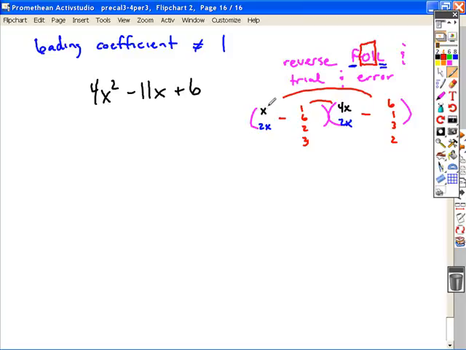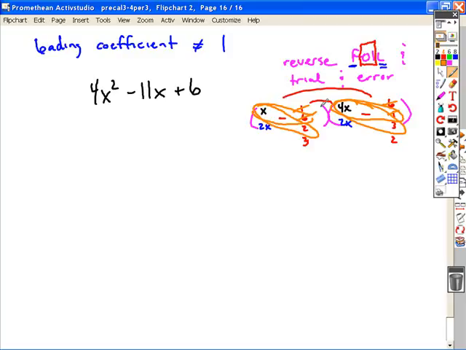So you could say 6x, or a negative 6x minus 4x. Does that give you negative 11x? No. What about now you move to the next one? So now we would be testing this set. So x times negative 1 is negative x minus 24x. Does that give you negative 11x? No. So you can eliminate that one as well. So let's go to the next one.